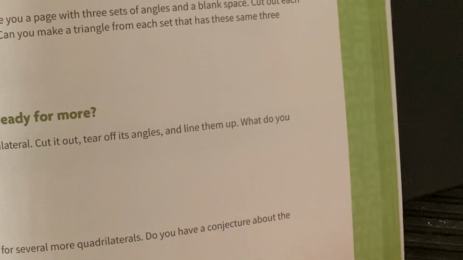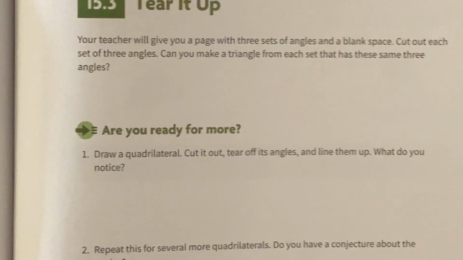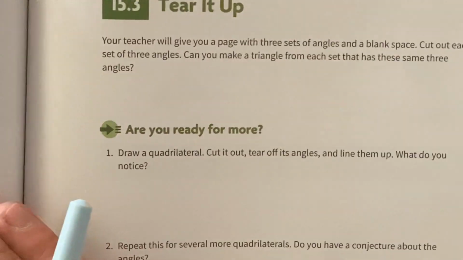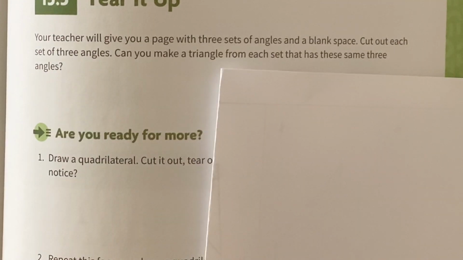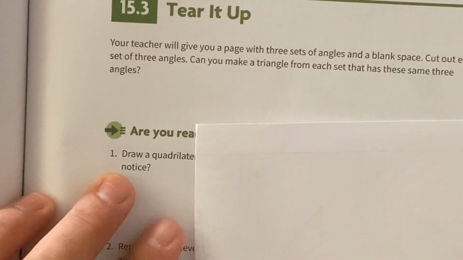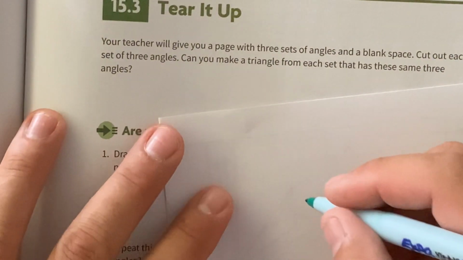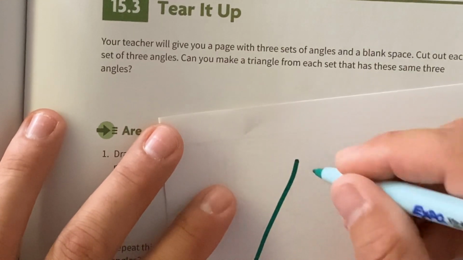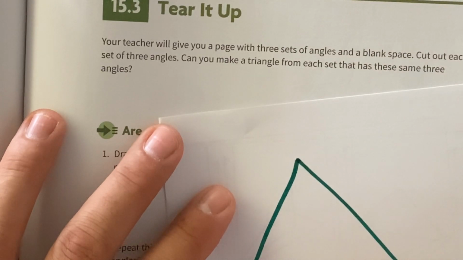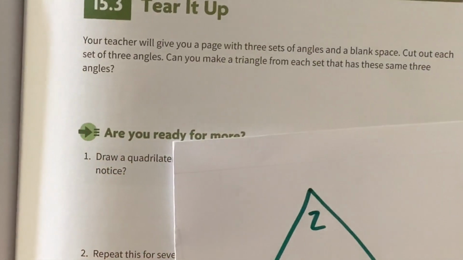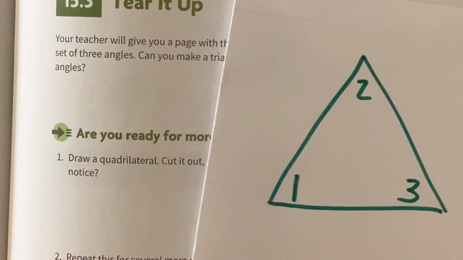All right, I gave you a Post-it note a little bit ago. You can grab that. I want you to draw a triangle on there, any triangle you want, big or small as you want. It can have a 90 degree in it, doesn't really matter what it looks like. I want you to label the angles 1, 2, and 3.